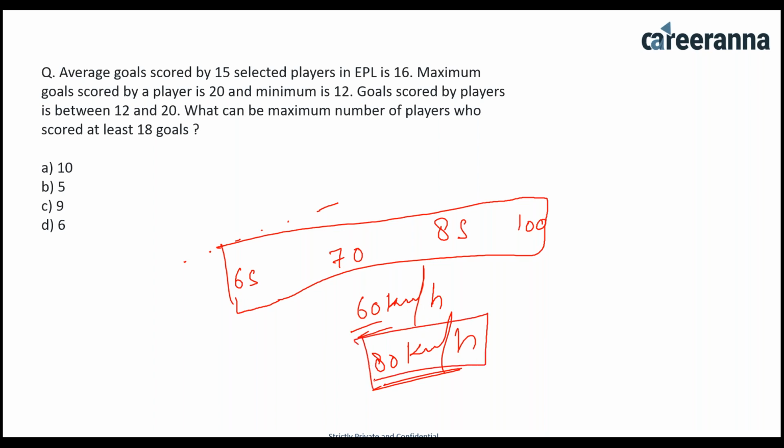This is the average speed of the journey. Because you cannot move 80 kmph for the whole journey. Maybe there are some breaks. Maybe you have to stop for some water or something else. So this is average.